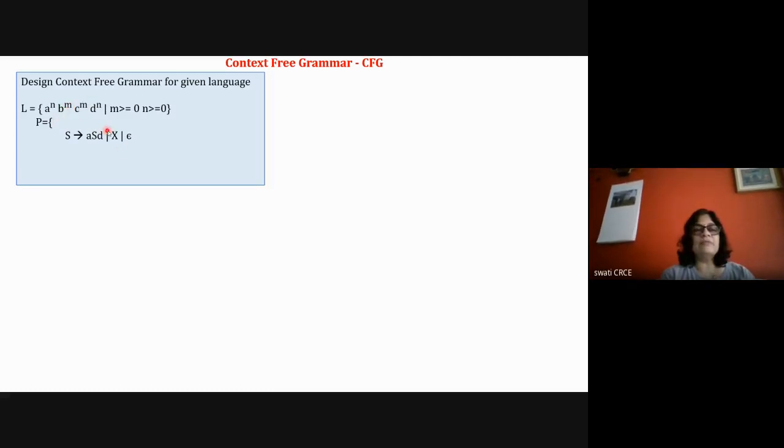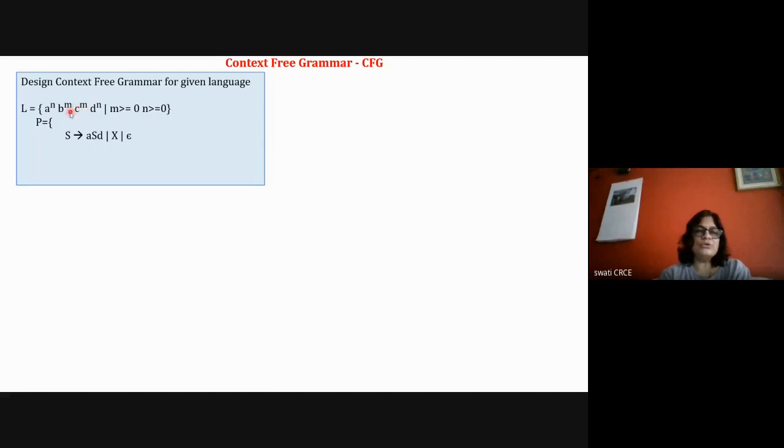So in that case, it will be only X. S is equal to either this or X, where X will generate B and C. Or if M and N both are 0, then S will be epsilon. Okay, so S will be ASD, or S will be X when N is equal to 0, and S is equal to epsilon when M and N both are 0.